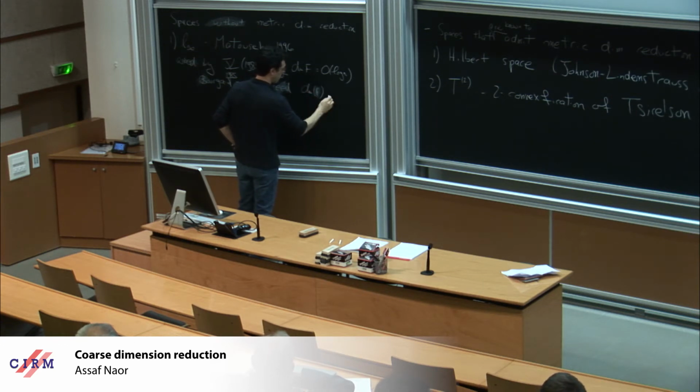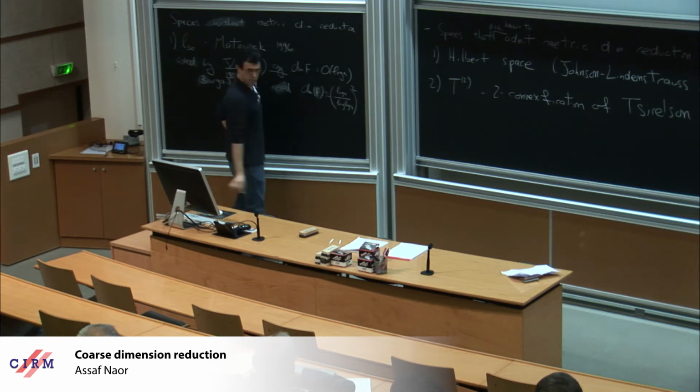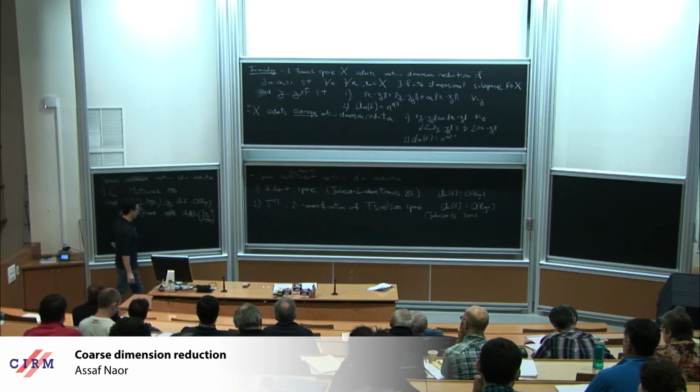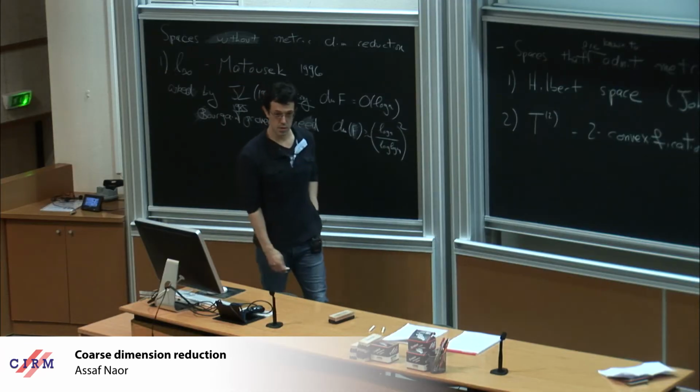I mean, it's still a power of log, so at least some constant, some log squared n over log log n. So it's a little bit worse, but he asked whether you can do a power of log n in general.